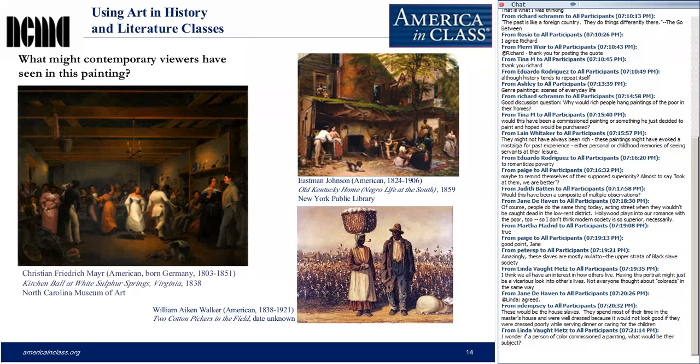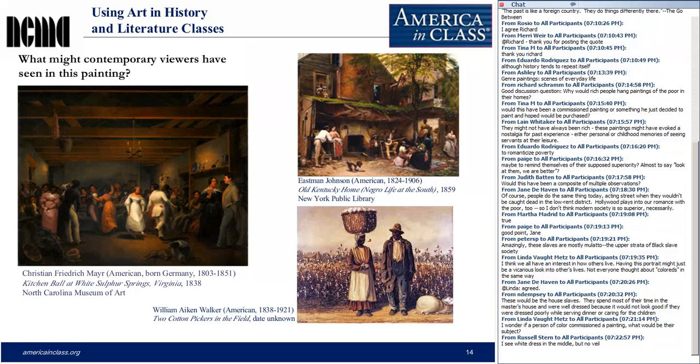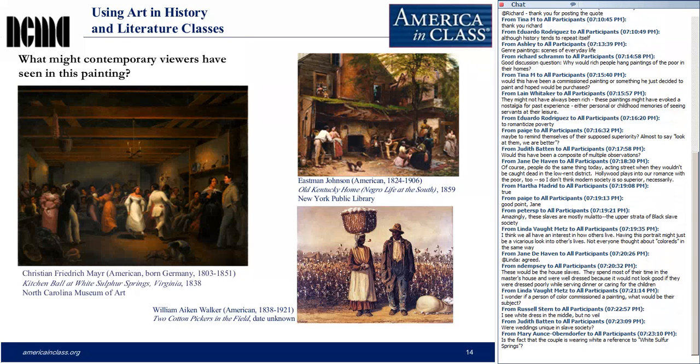Instead, it is more a generic kitchen ball. It is a revelry among the household servants of the families that have been brought up to White Sulphur Springs, as well as the slaves and the hired blacks who worked at the spa. They're getting together after hours. It's clearly dark, and they're throwing a party.